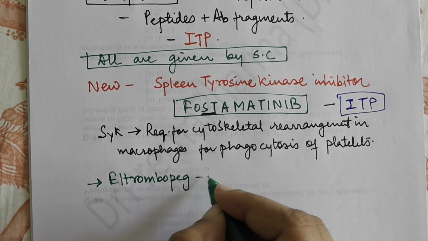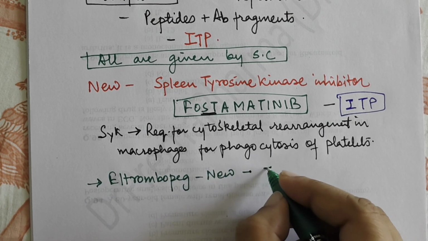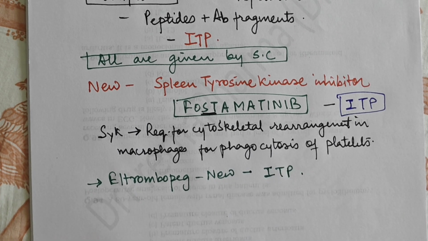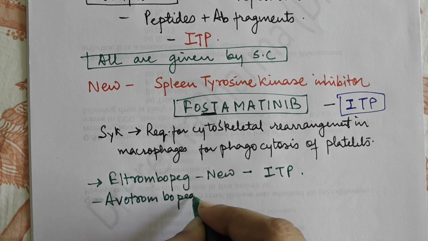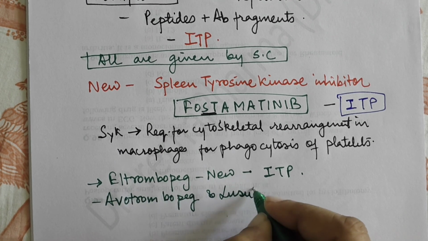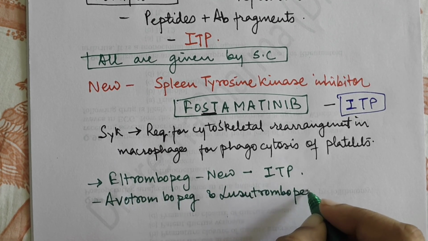Okay, then eltrombopag is a new drug which is approved for ITP. It is a thrombopoietin agonist. Then there's another drug, avatrombopag, and lusutrombopag.